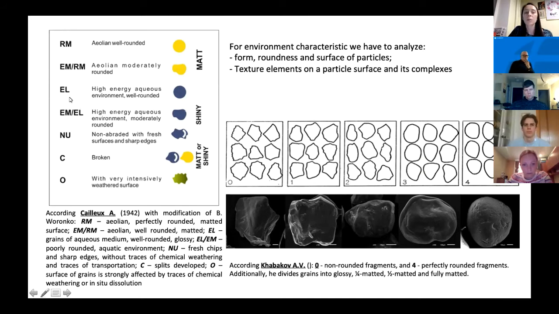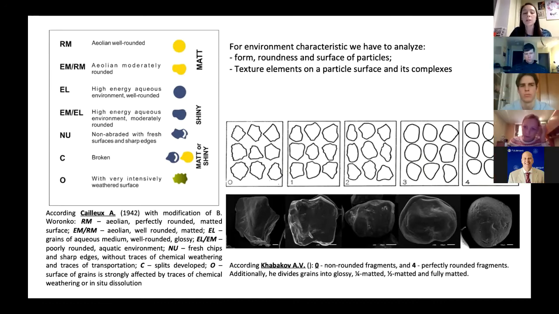Grains of EL type are grains of a high-energy aqueous environment, usually well-rounded, and the surface is shiny. In Russia, we have the classification of Khabakov, who separated grains into 5 types, from 0 to 4, non-rounded fragments to very well-rounded grains.